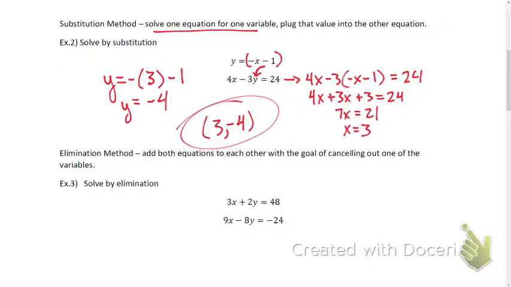For the elimination method, we need one of the variables to cancel out when I combine the equations. So if I combine them right now, I get 12x and -6y. Canceling out doesn't happen. Something else that leads me to doing elimination is the variables need to be stacked, like terms.